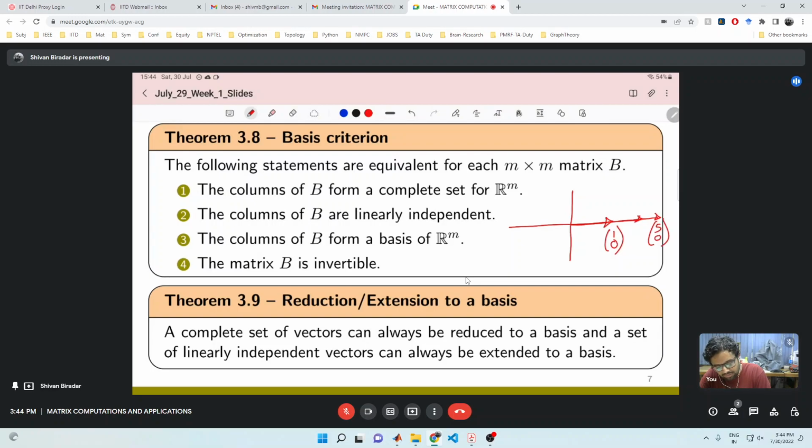If I multiply this vector by 5, I'll get the vector (5, 0). If I multiply it by minus 5, I'll get (minus 5, 0). If I multiply it by minus 10, I'll get (minus 10, 0). Just by using this vector (1, 0), I can generate this whole line itself. So now I say that this vector (1, 0) spans this line.